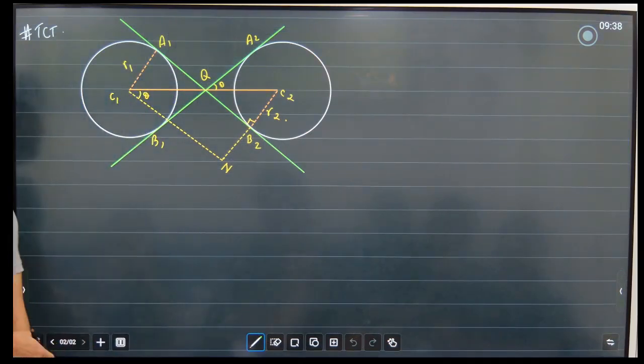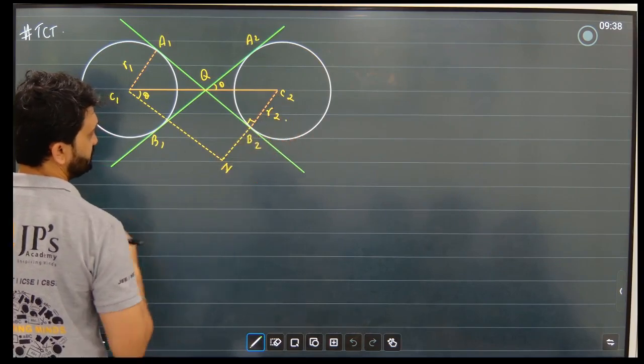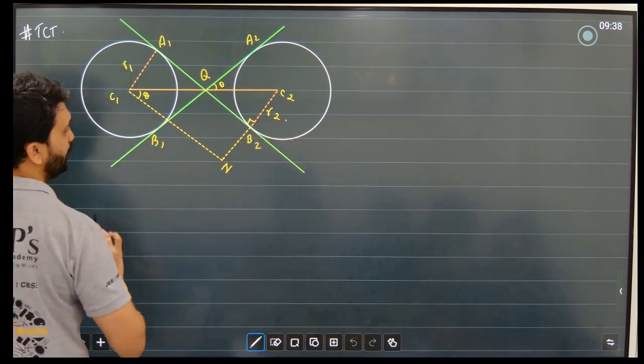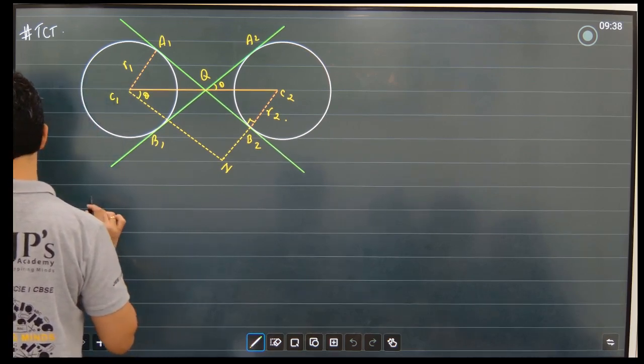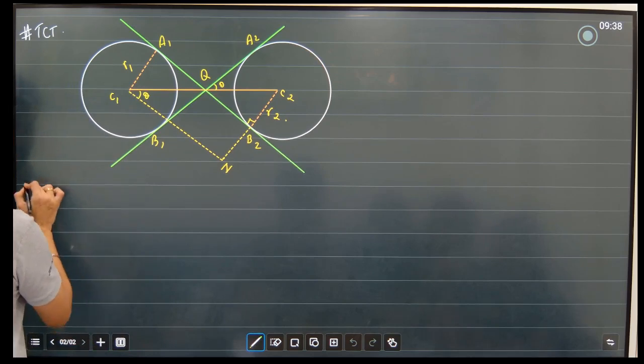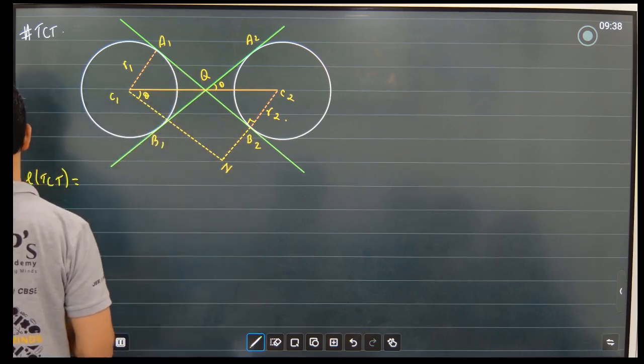So in the transverse common tangent, we extend C2B2 up to the point N, and according to the formula for the transverse common tangent, see, this is the length of the transverse common tangent.